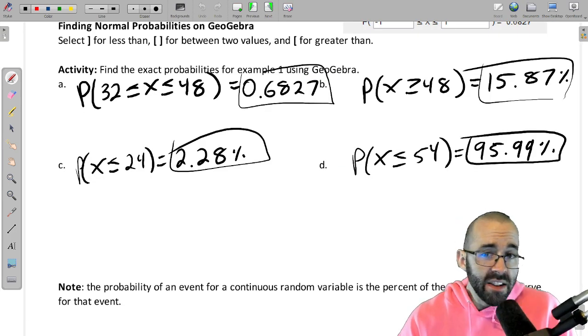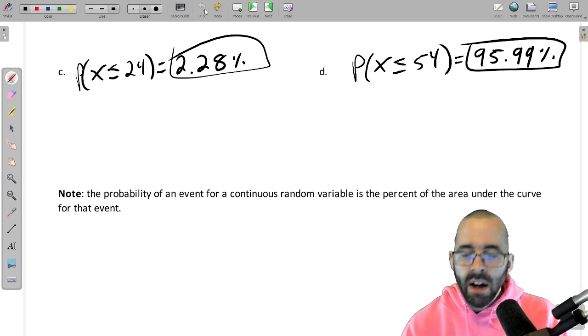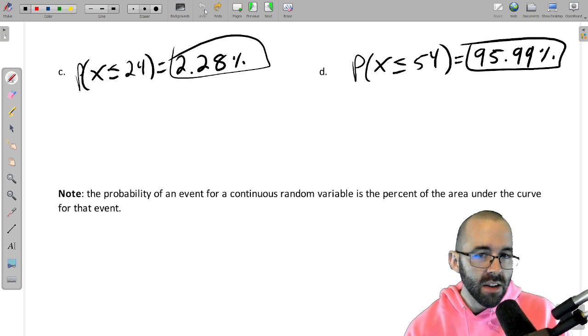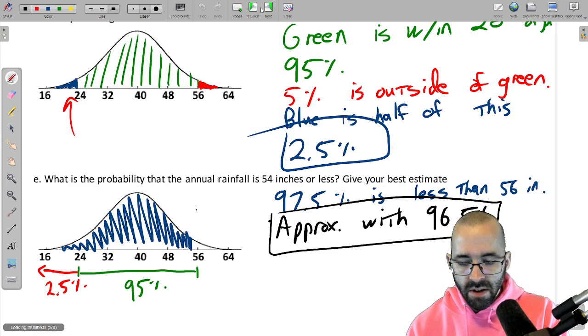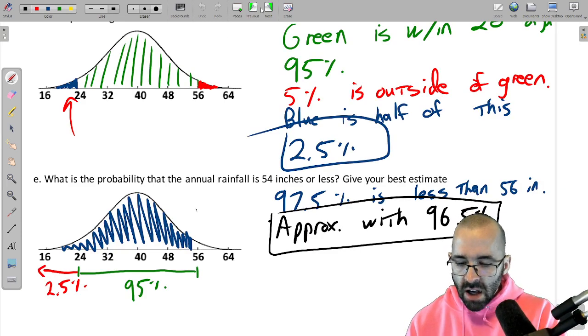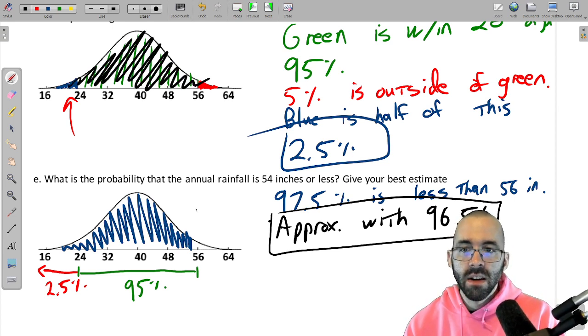That's how you use GeoGebra to find these probabilities. One more big reminder for you guys right here. The probability of an event for a continuous random variable is the same thing as the percent of the area under the curve. So over here, when I say the probability of blue is 2.5%, that means 2.5% of this whole area is blue.